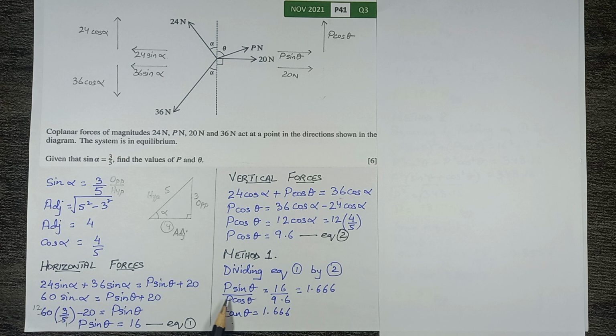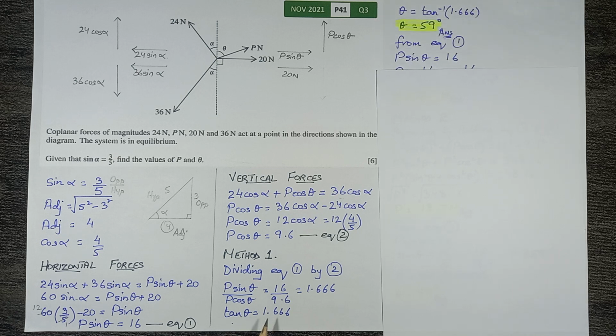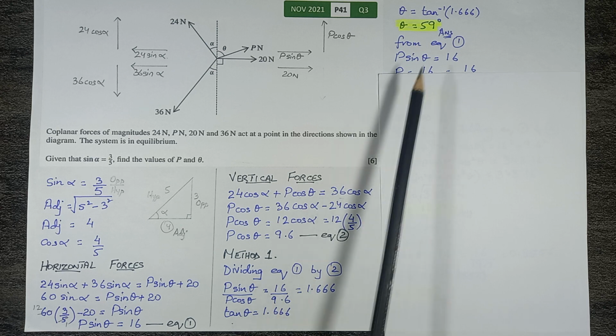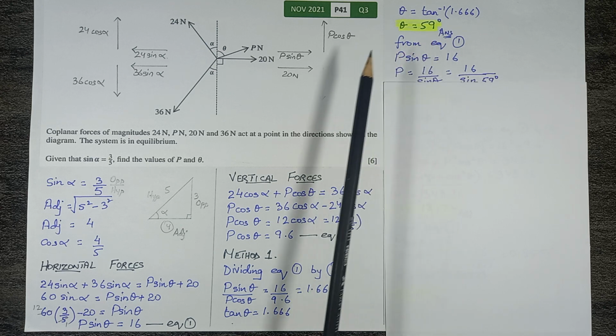We could cancel this p, and sine upon cos would be tan theta, which is 16 divided by 9.6, giving 1.666. So tan theta is 1.66. Taking the tan inverse of 1.66, we can find the value of theta, which is 59 degrees.